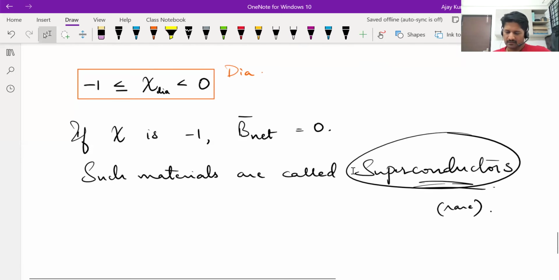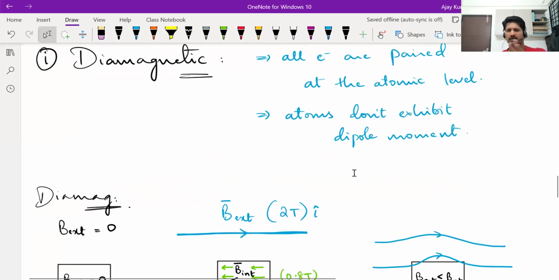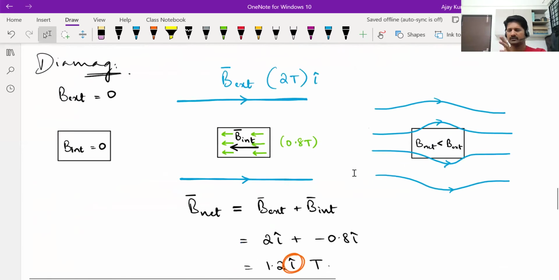Now see, basically what happened here when we switched on the external field, some electrons slow down and some electrons speed up, producing an internal field in the opposite direction. This slowing down of some electrons and speeding up of some electrons happens with every electron, with every material, not just diamagnetic.